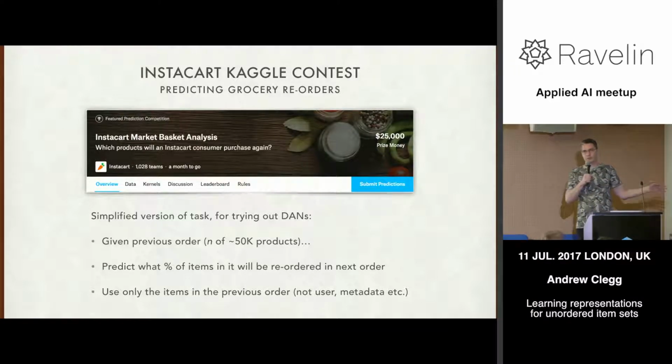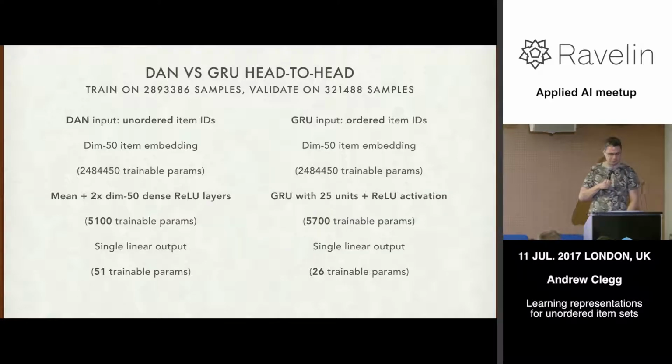Just given a previous order of n out of about 50,000 products, can we predict what percentage of items in that order the same user will reorder next time? So I'm only using the item IDs in the order, not any metadata about the user or their previous history, just that single order to predict how many of them will reappear in the next one.